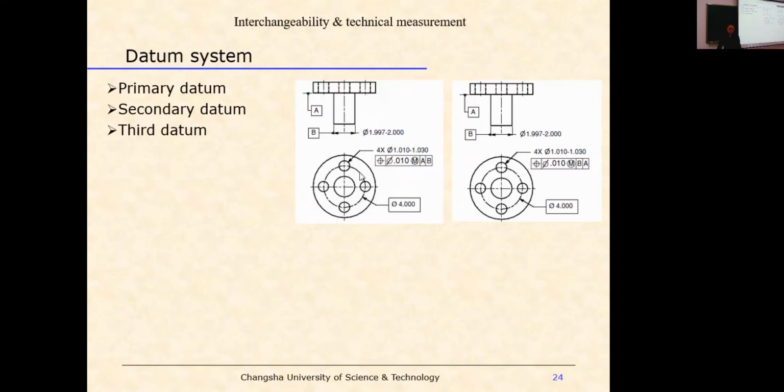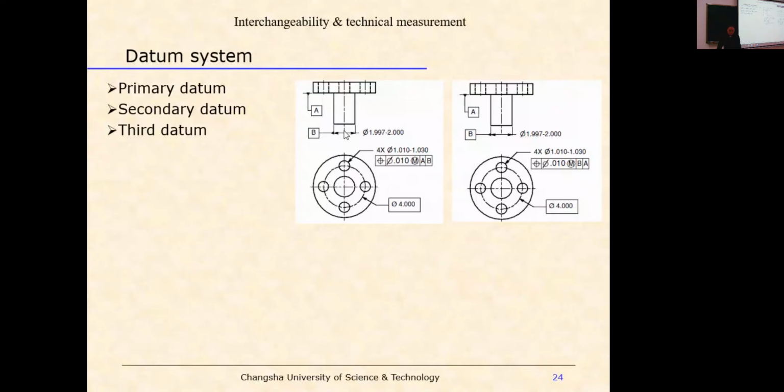So we have a dimension, a relative dimension, and this is a line. So this is this one, right? When the datum B is here, B means this cylindrical line. Sorry, this is the axis line. This axis, this is this axis.